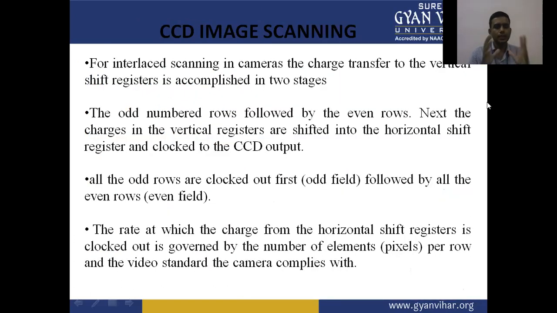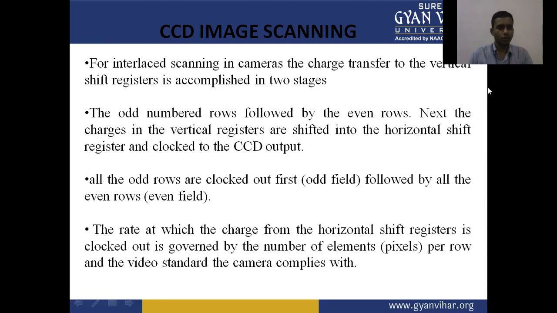For interlaced scanning in cameras, the charge transfer to the vertical shift register is accomplished in two stages: the odd number rows followed by the even rows. Next, the charges in the vertical register are shifted into the horizontal shift register and clocked to the CCD output.